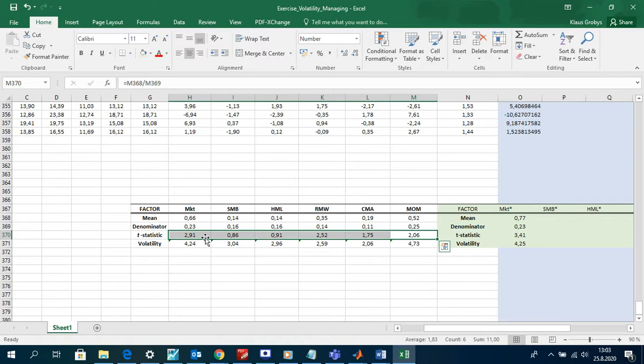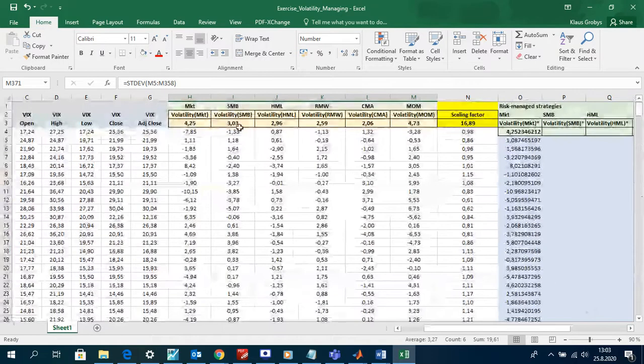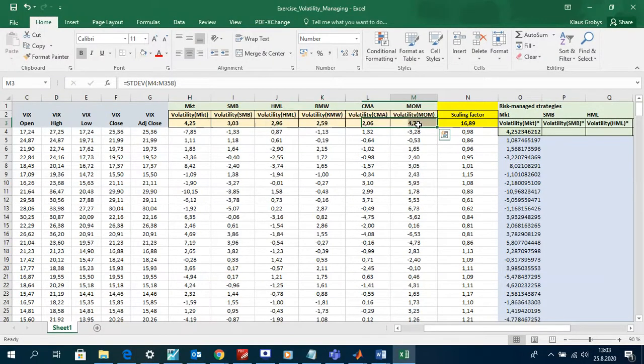So as we see from this table, only the profitability factor and the momentum factor actually generated statistically significant payoffs on a 5% level, as these t-statistics show a value higher than our critical value of 1.96. Okay. So, and here again we have the ex post volatility over the sample, the same number that we have seen above. Well, it should be basically the same number.